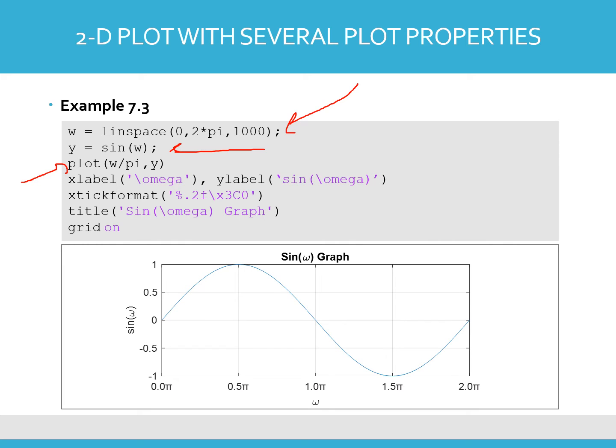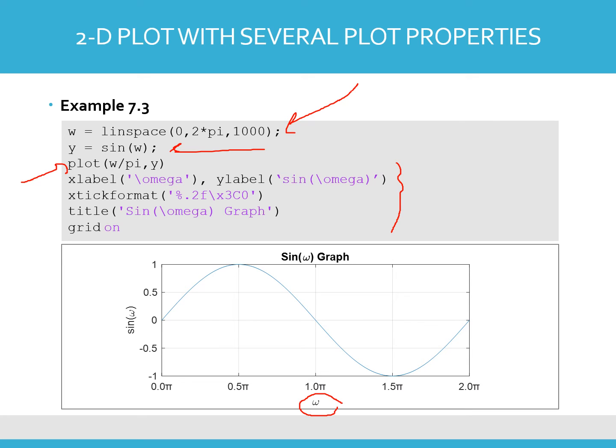Then this one is the new thing, the plot properties. You can see the xlabel, which means this label. And backslash omega. For this case you don't have to use the hexadecimal we learned about last time.